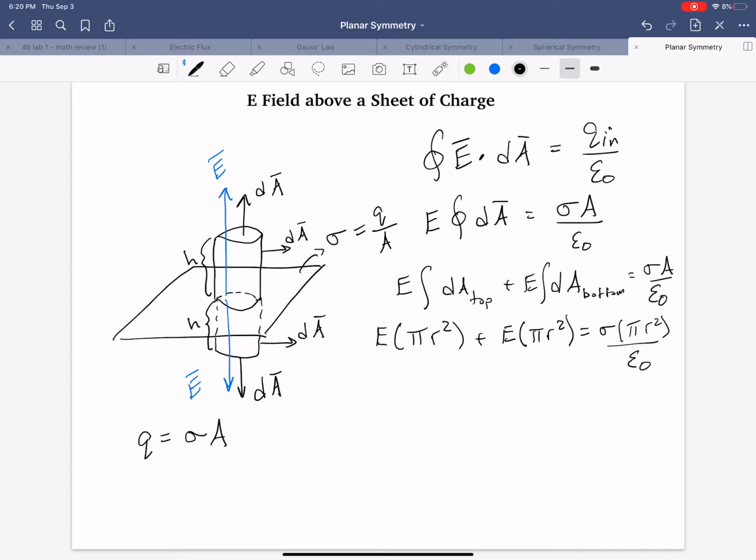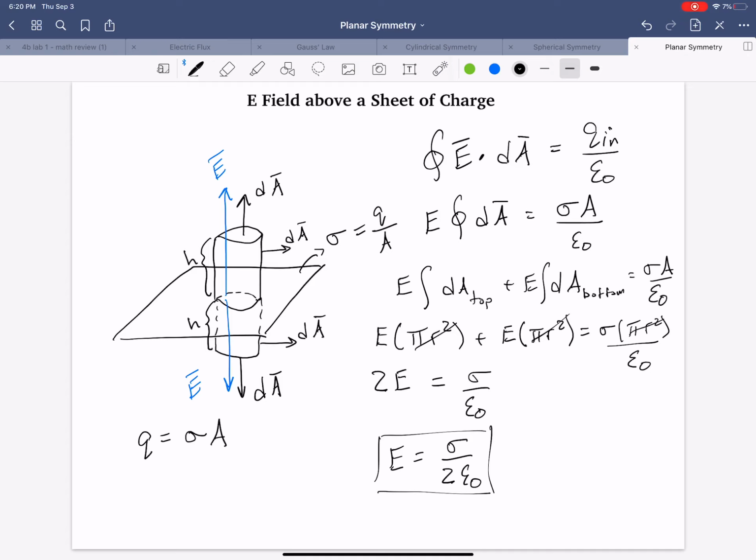Yes, you could keep each of those areas as just A. That's okay, right? That's completely fine. You'll see they'll cancel out because we really have two E. Those go away. Equals sigma over epsilon naught. And so the electric field is simply sigma over 2 epsilon naught.